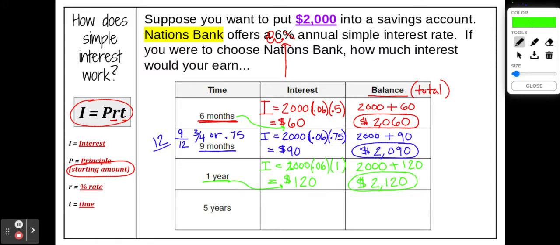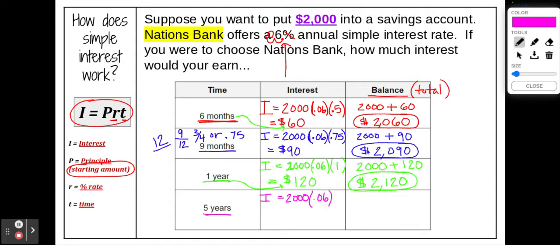All right, one more. Let's see what happens when we leave our money in there in the bank for 5 years. We don't touch it for 5 years. So maybe we're planning on buying a car in 5 years, and we're going to take our money and leave it in there untouched for 5 years. Let's see what we have. So we get $2,000. Remember, we multiply that by the interest rate, and that's as a decimal, 0.06.